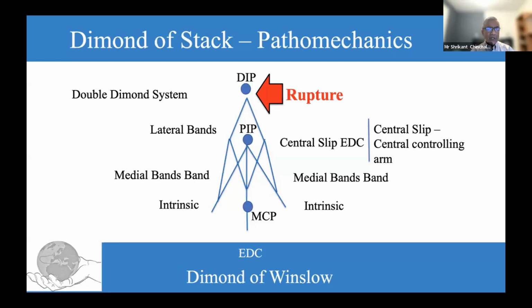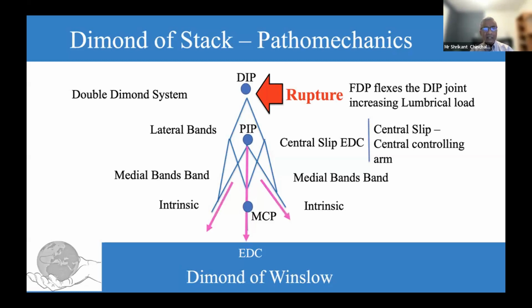Here we have a rupture of the terminal tendon, which causes the FDP to flex the DIP joint. As I mentioned earlier, it probably contributes to an increased lumbrical load because the lumbrical moves along with whatever motion or retraction the flexor digitorum profundus has.